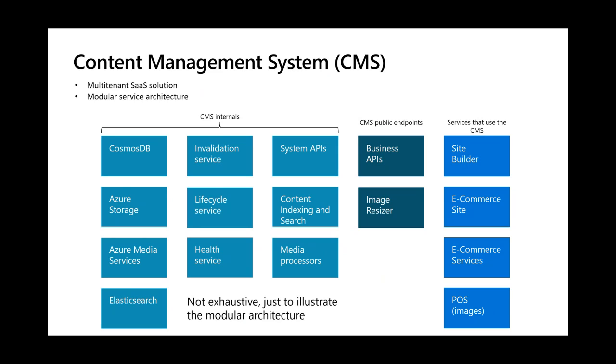In the block diagram on the right side, you can see examples of services leveraging the CMS. On the top, we have the site builder, and I know that Brian will talk a bit more about site builder later in the session, but the site builder is basically the interface for content authors to create and manage content, kind of a UX for the CMS and CSU, if you will. Next, we have the e-commerce storefront, the actual site. We have e-commerce services, such as sitemap generation and other similar services.